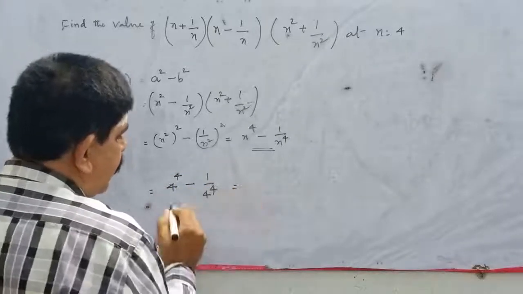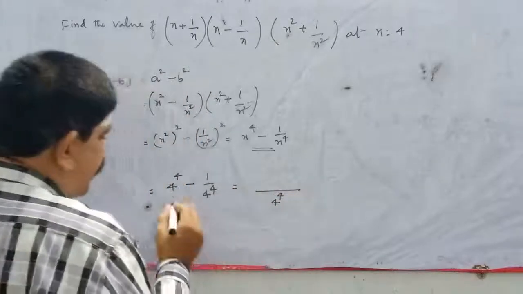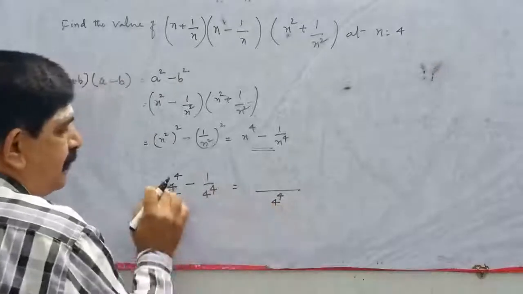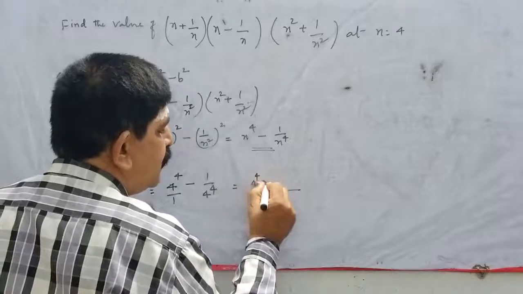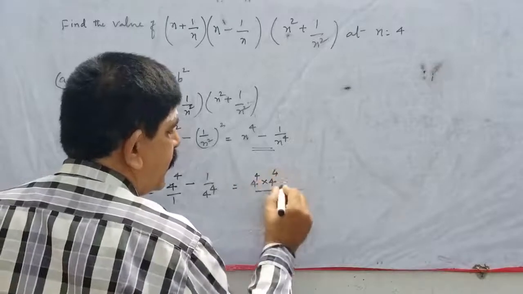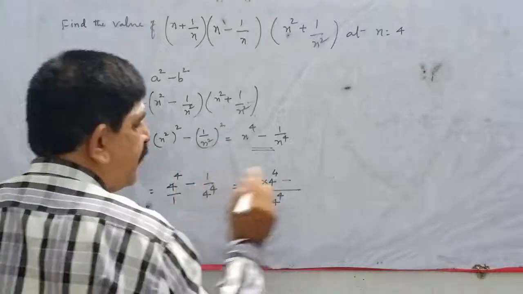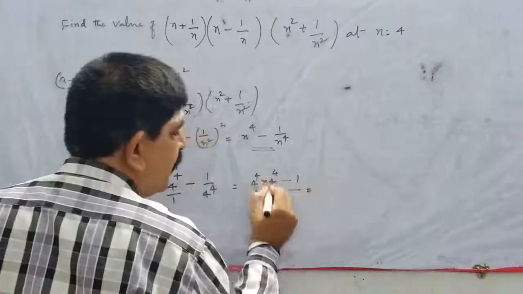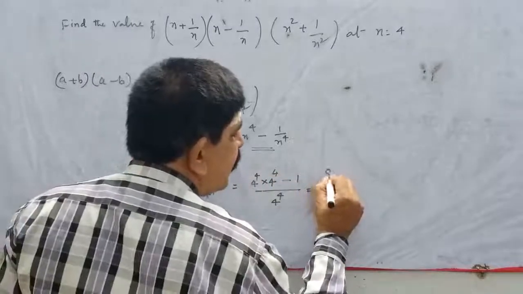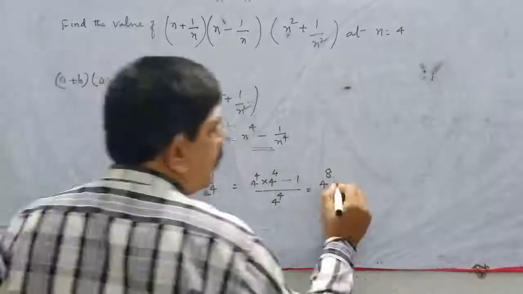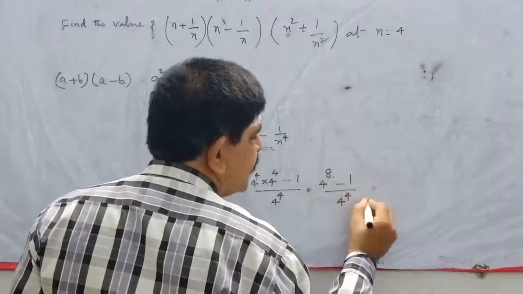Now what is the LCM here? 4 to the power of 4 is the LCM. 4 to the power of 4 into 4 to the power of 4 minus 1, one time 1 into 1 is 1. Now 4 to the power of 4 into 4 to the power of 4, bases are equal, add the powers. So 4 to the power of 4 plus 4 is 8, minus 1, by 4 to the power of 4. So this is the final value.